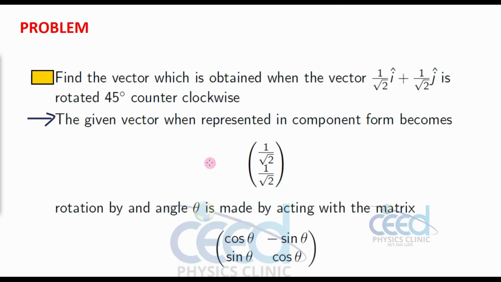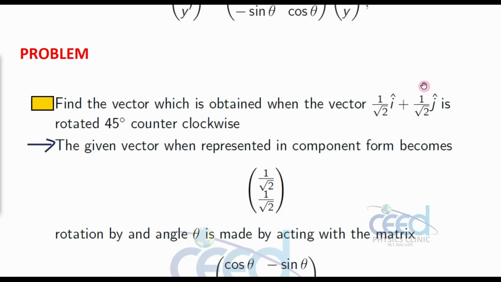Okay, so here the matrix is given, right? So you can write this matrix. So our matrix is given as, that is the initial r, that is 1 by root 2 i cap plus 1 by root 2 j cap.